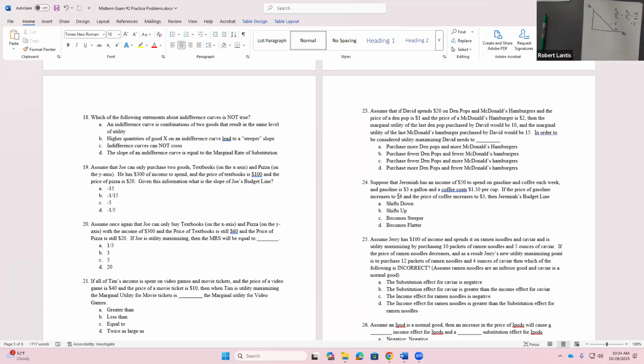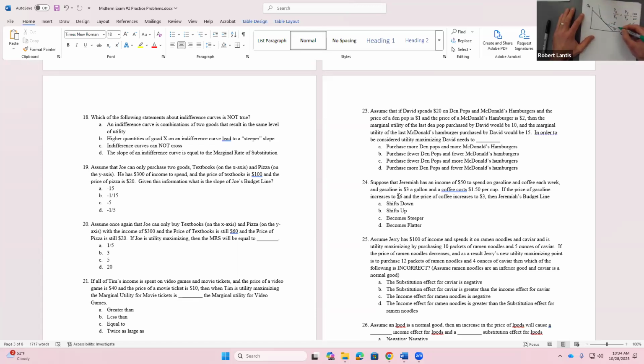Now, if I ask you in the same problem, what's the marginal rate of substitution here? So what does the marginal rate of substitution represent? The slope of my, we don't know this, it's going to be a problem Thursday, the indifference curve, right?